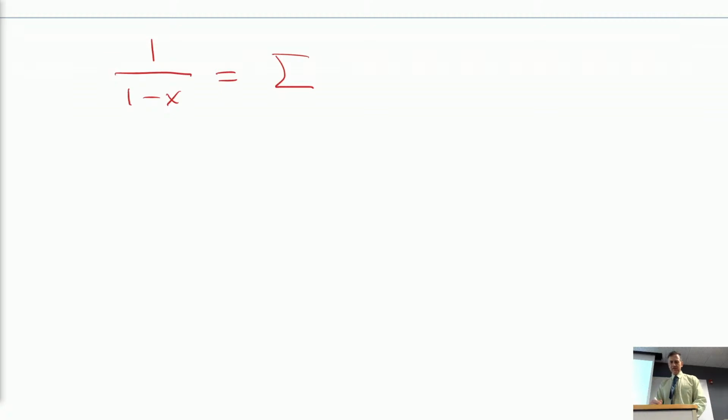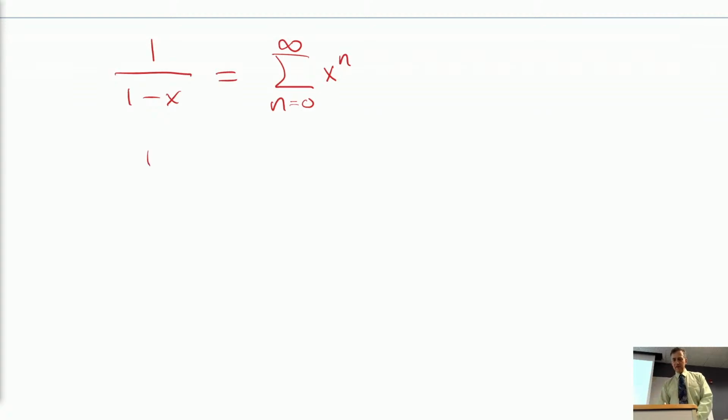So Andrew, what is the power series representation of 1 over 1 minus x? From n equals 0 to infinity of x to the n. X to the n, beautiful. So this is the sort of basic starting point for all of our power series.